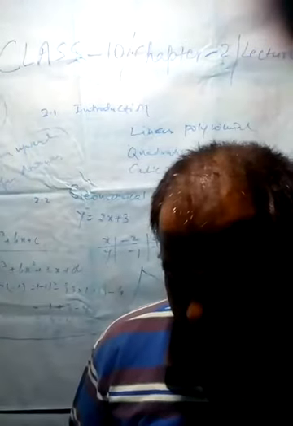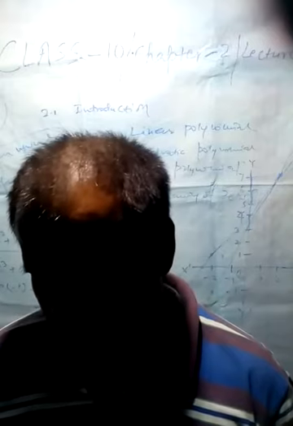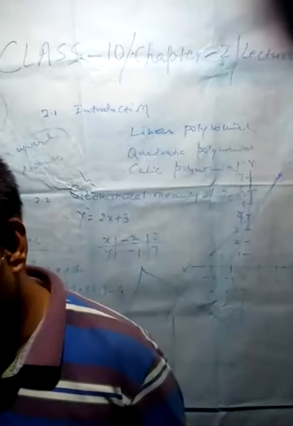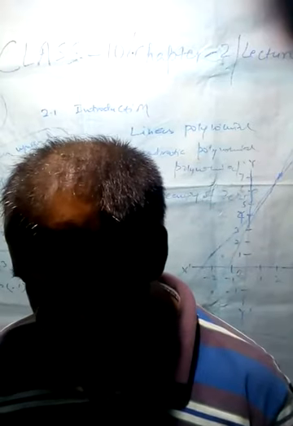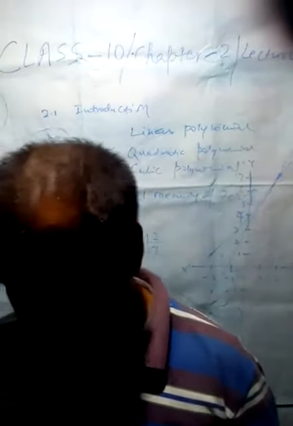Observe that -2, 0 and 2 are in fact the x coordinates of the only points where the graph of y is equal to x cube minus 4x intersects the x-axis. Since the curve meets the x-axis in only these 3 points, their x coordinates are the only zeros of the polynomial.